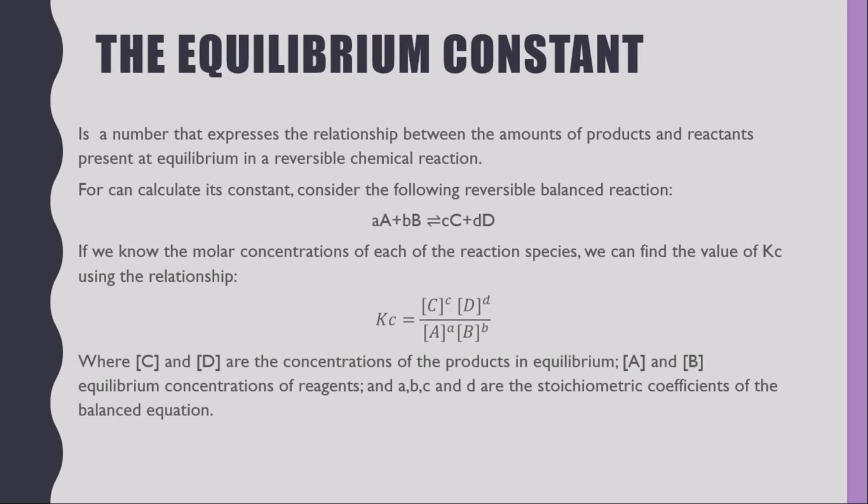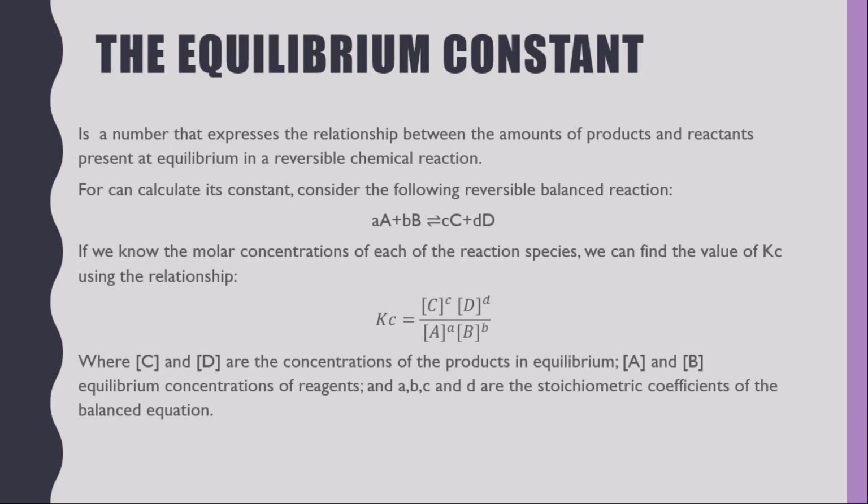To calculate its constant, consider the following reversible balanced reaction: A plus B react into C plus D. If we know the molar concentrations of each of the reacting species, we can find the value of the constant using the relationship, where C and D are the equilibrium concentrations of the products, A and B are the equilibrium concentrations of the reagents, and a, b, c, and d are the stoichiometric coefficients of the balanced equation.